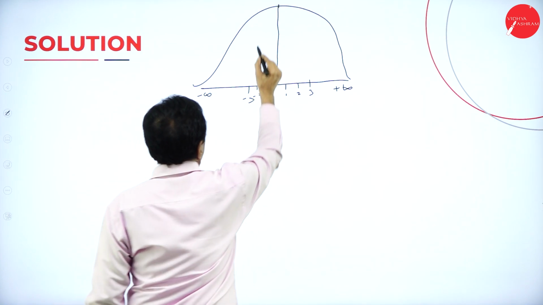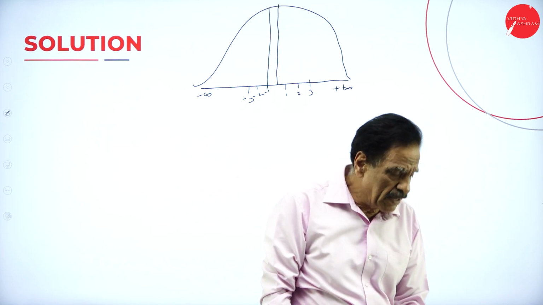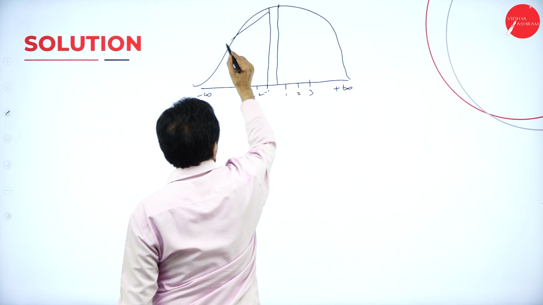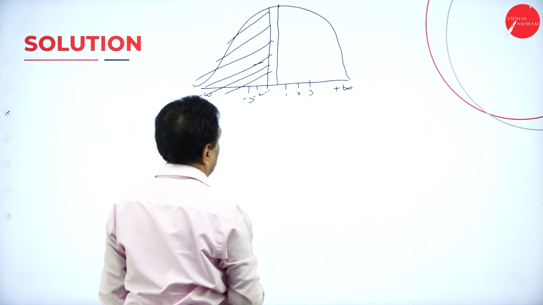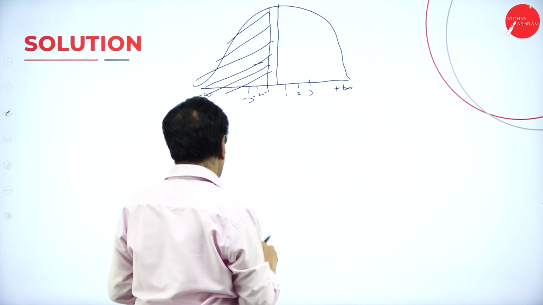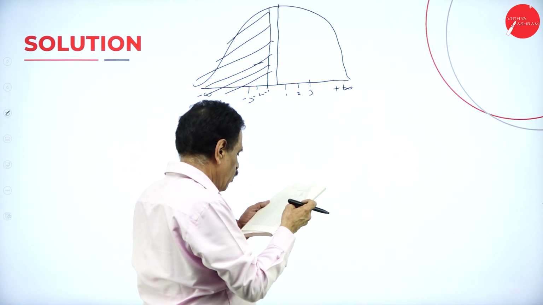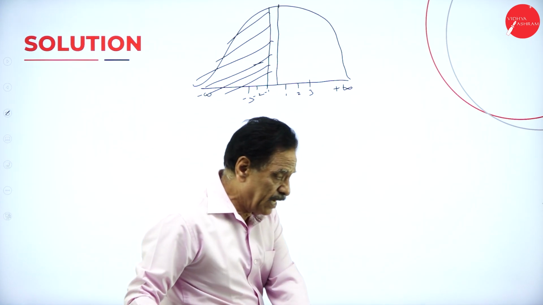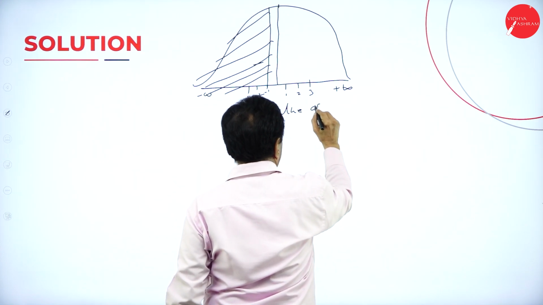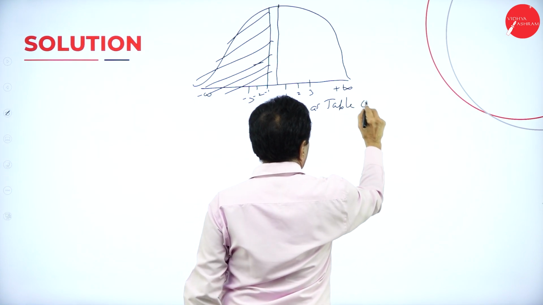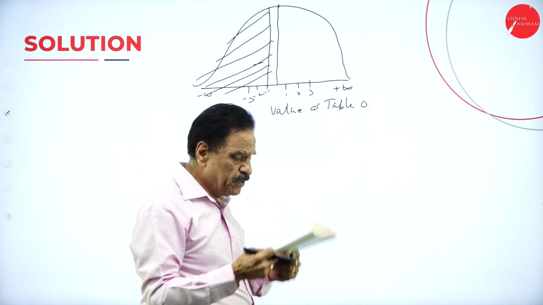They say minus 1, less than, so you have to shade less than. What's the value you got? 1. The value of 1 as per the table is 0.3413.